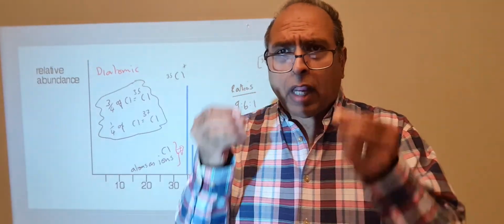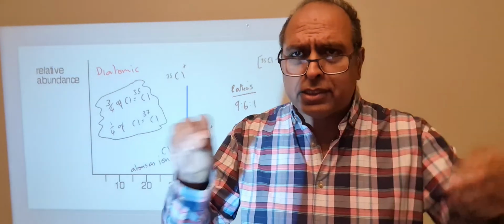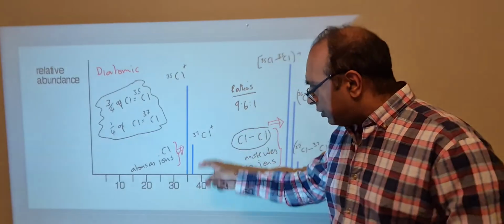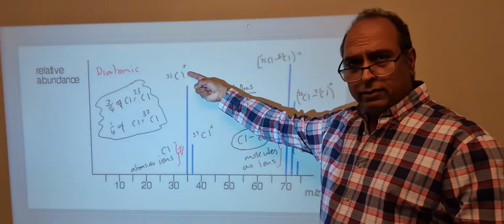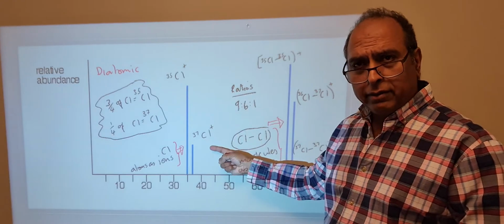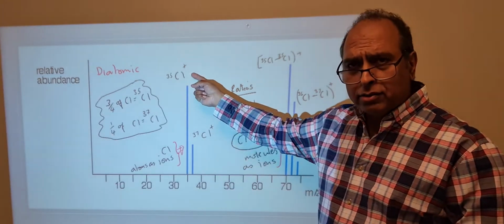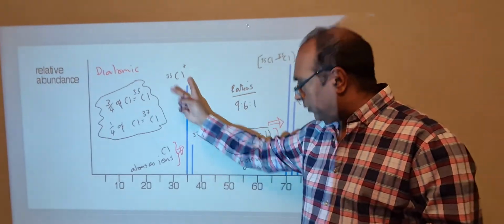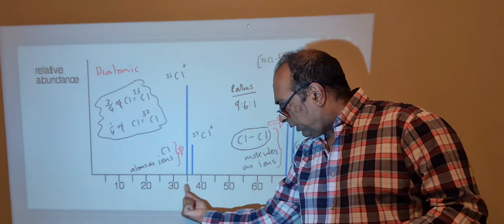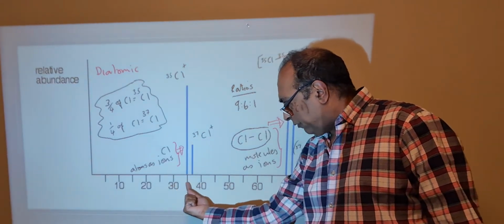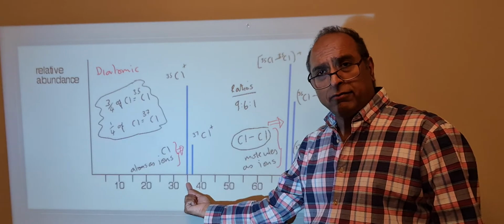If a chlorine molecule fragments into pieces, it's going to fragment into chlorine and chlorine. The chlorine 35 plus will show up at M over Z value 35.